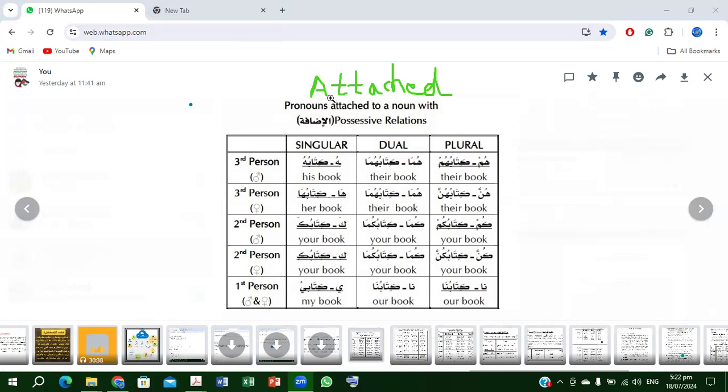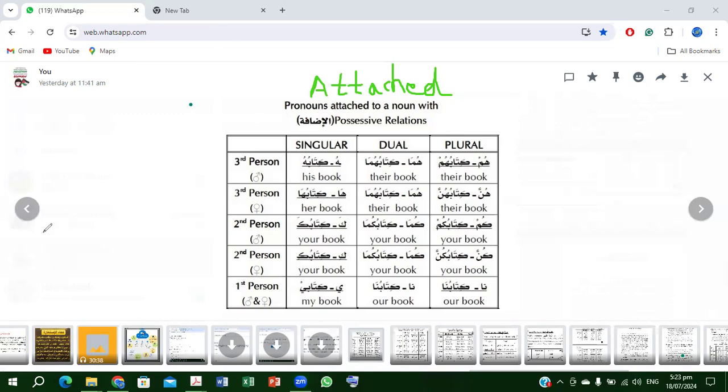So first we studied detached pronouns, right? They come separately. Huwa, huma, hum, hiya, huma, hunna, anta, antuma, antum, anti, antuma, antunna, right? Ana, nahnu. They were detached pronouns. They come separately. Now we are studying attached pronouns.